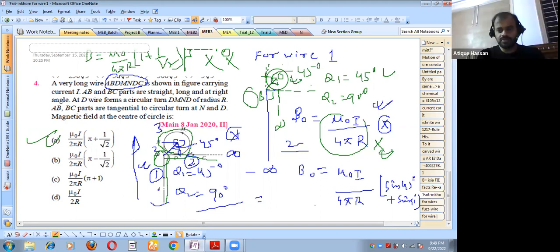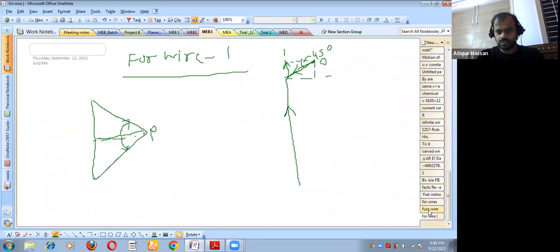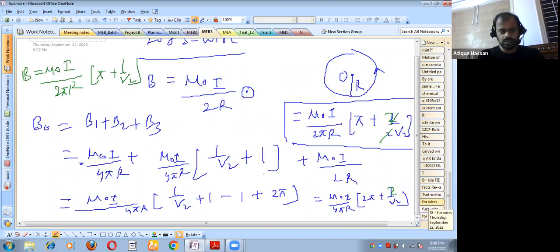Yes, that we have taken. Let me check. What we have taken: mu naught I by 4 pi r in the first case, with minus sign, right?